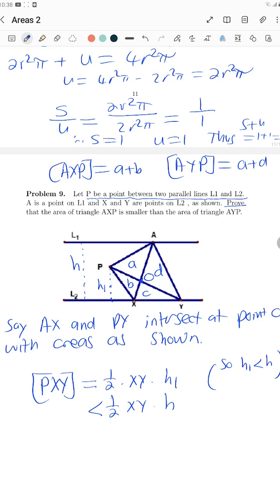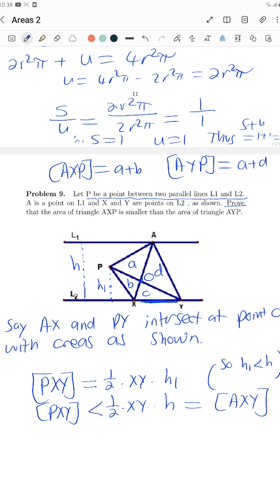And now let's interpret what a half XY times H is. XY would be a base, and then H would be a vertical height, and it represents the area of which triangle? Yes, can you see it? It will be the area of triangle AXY. So knowing that point P is between the parallel lines L1 and L2, we know that the area of triangle PXY has got to be less than the area of triangle AXY.